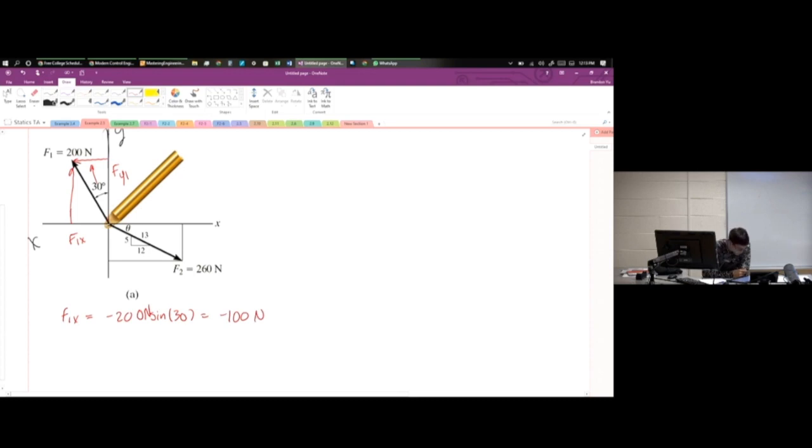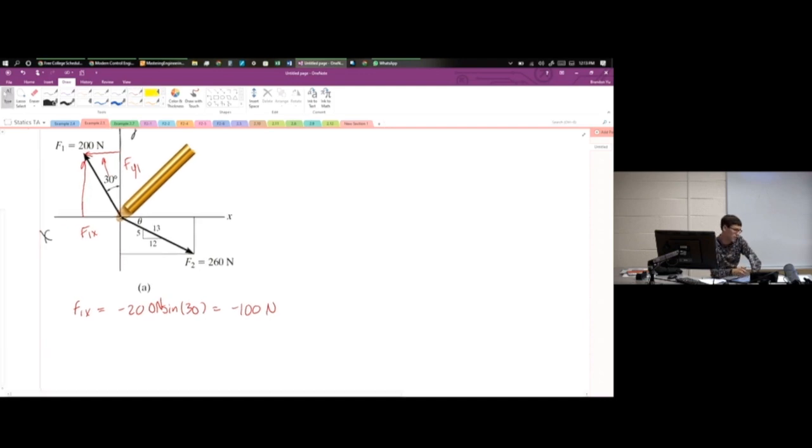Depending on how we want to set up, let's say the x in the right direction is our positive, and the y in the up direction is our positive values.